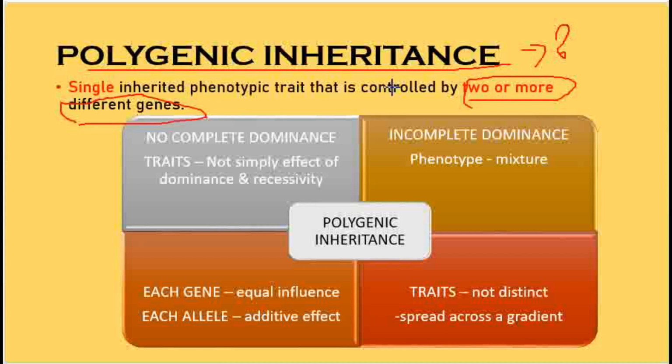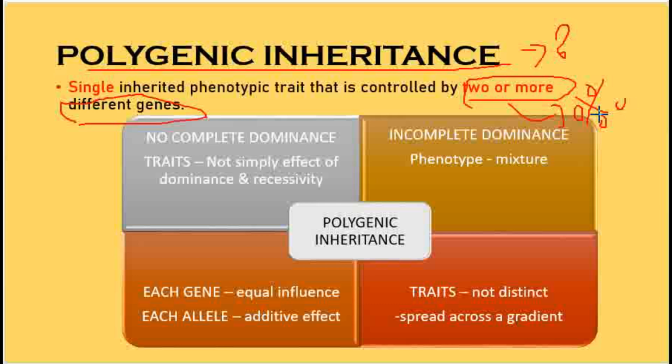This is important. It is different from pleiotropy, which is a different concept. Here we have a single trait controlled by two or more different genes, and that is called polygenic inheritance.